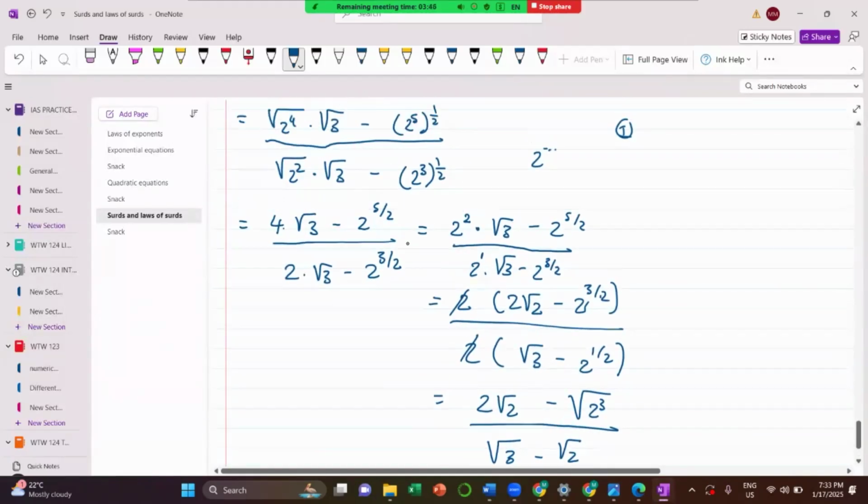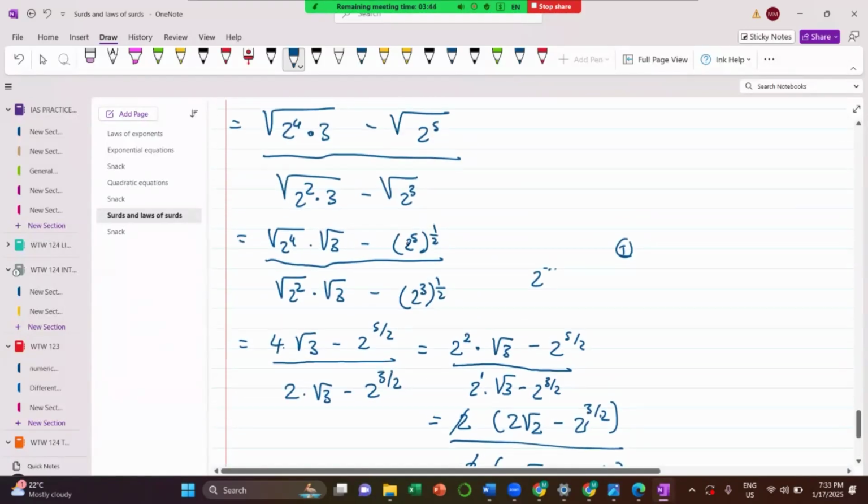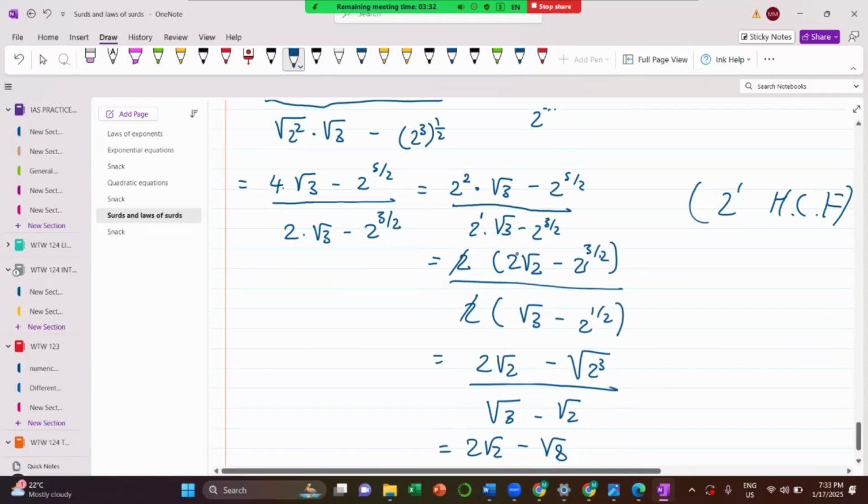Yes. You understood every step I took. So this means that we are going to take 2 to the exponent of 1 as highest common factor there. That's what we did. So you guys, do you understand everything? Yes, sir.